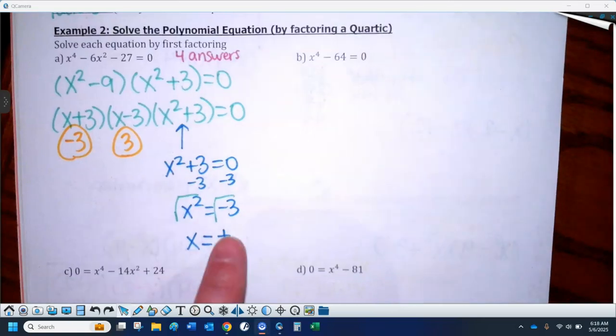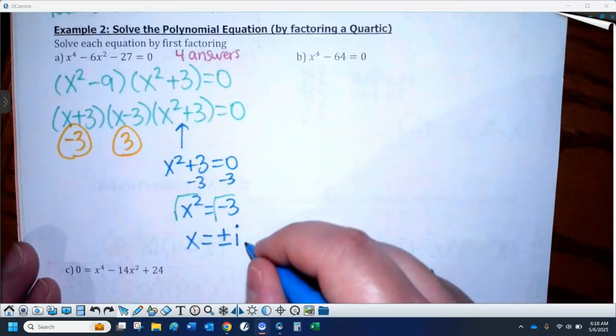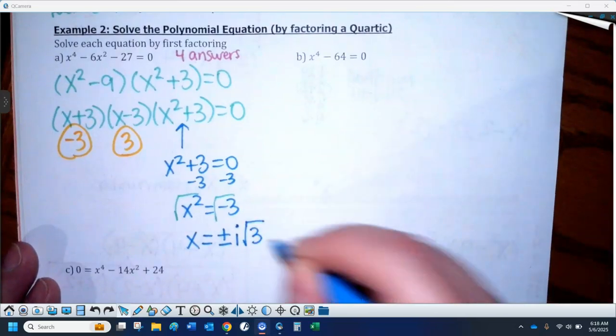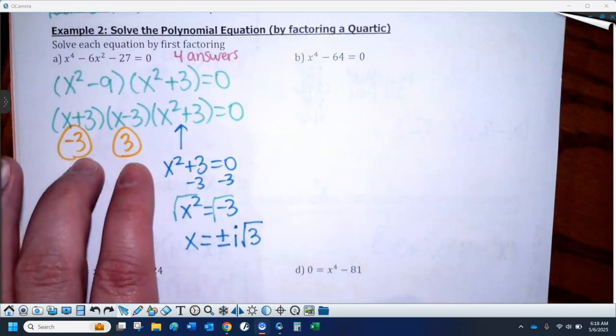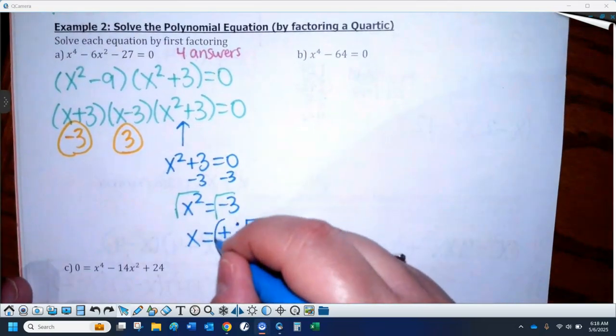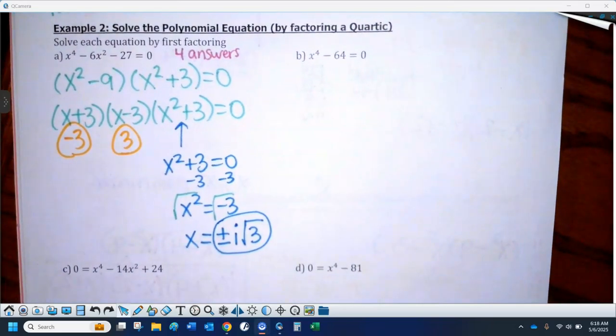The other thing I'm going to review real quickly with you guys: if you have a negative under a square root, 3 is not a perfect square or anything, but I can get rid of that negative by taking an i out in front, and then the 3 remains under the square root. So that means 2 of these answers are real, and the other 2 answers, which I'm getting right here with the plus and minus, those are imaginary.